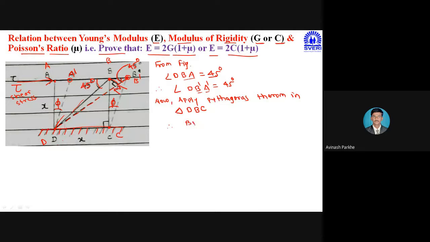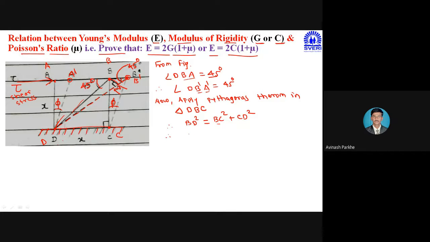BD square, means diagonal square, is equal to BC square plus CD square. Right. BD, your diagonal's square, is equal to first side plus second side, the square of both. So this is the Pythagoras theorem. You know about this particular Pythagoras theorem.